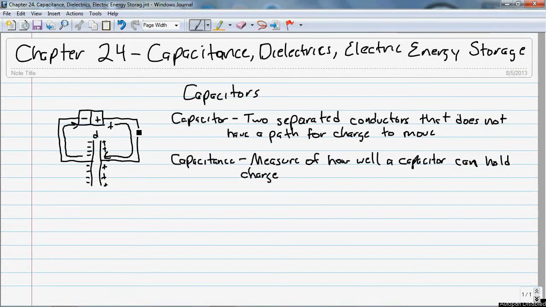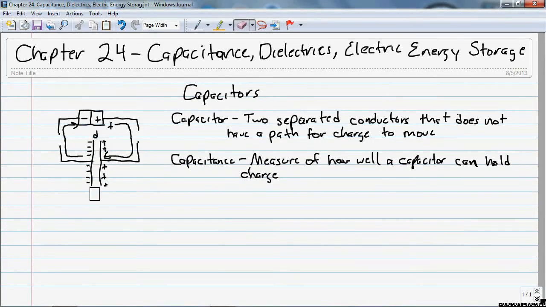Because if I were to cut either of these conductors, let's say I cut this conductor over here and I cut the conductor on the left side, then those charges are going to stay on the capacitor. And so there's a certain amount of charge that can be put on the capacitors where there's an equilibrium.